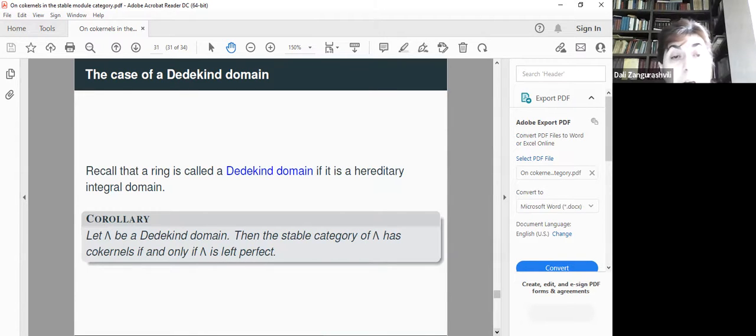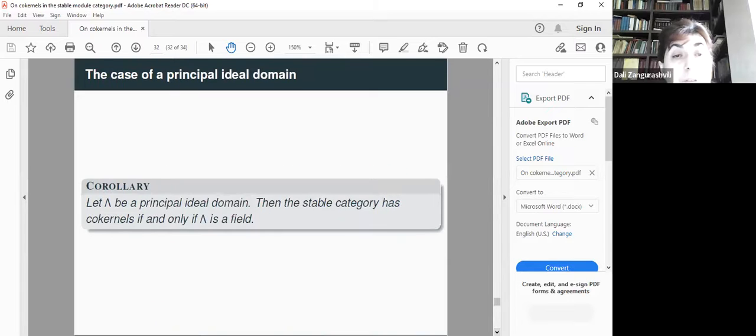And the next corollary deals with the case of a principal ideal domain. It says that the stable category has cokernels if and only if lambda is a field, and if and only if the stable category is trivial. Therefore, when lambda is a principal ideal domain, we conclude that the stable category has all cokernels if and only if it is trivial.